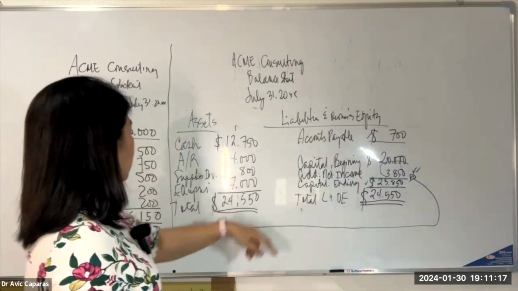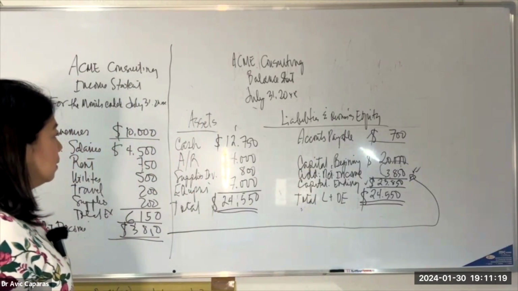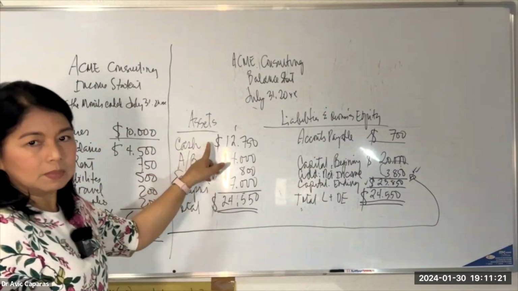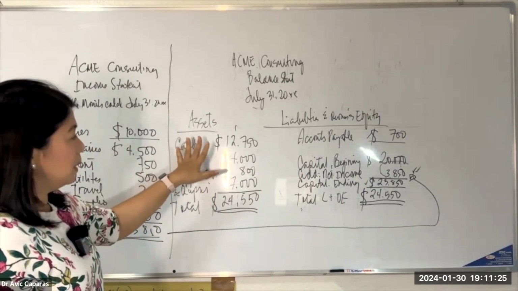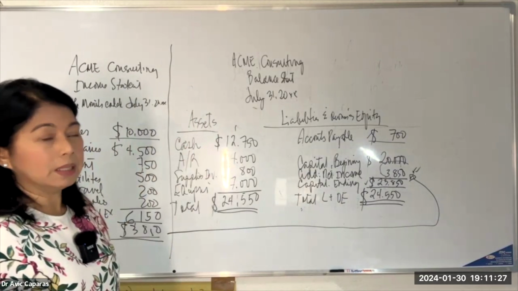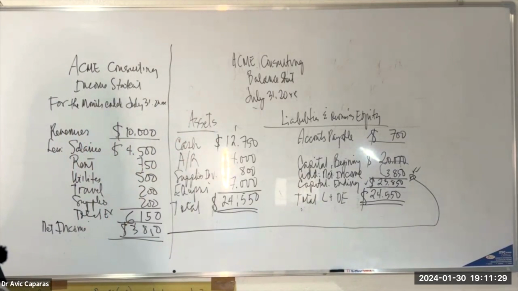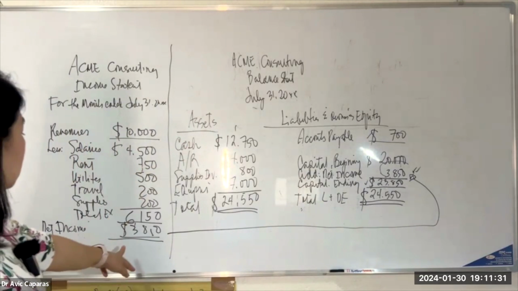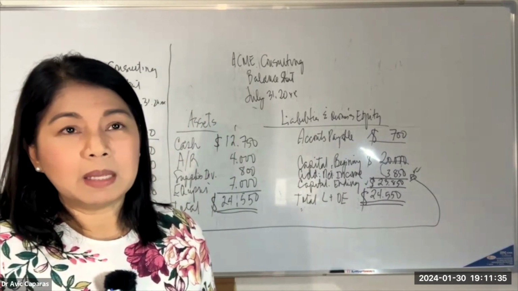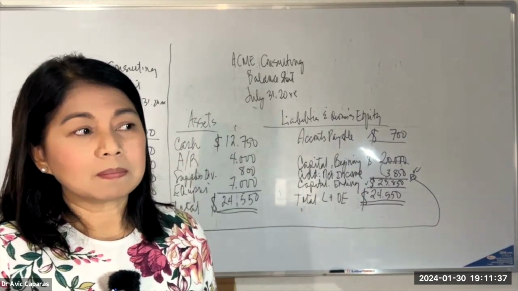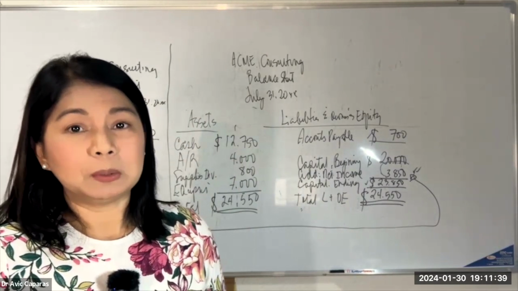He invested in cash, actually a huge amount. But where did we spend it? How come it's not the same? We will tackle this under the statement of cash flow.